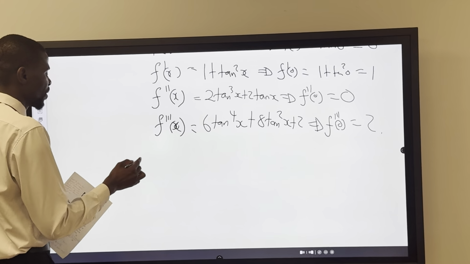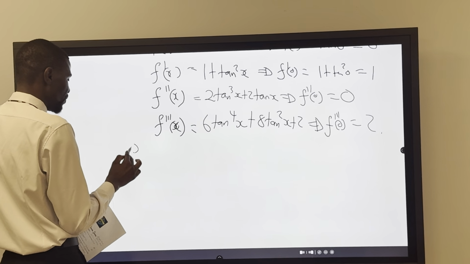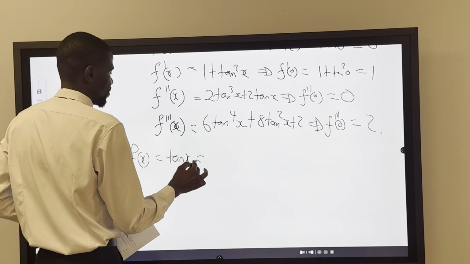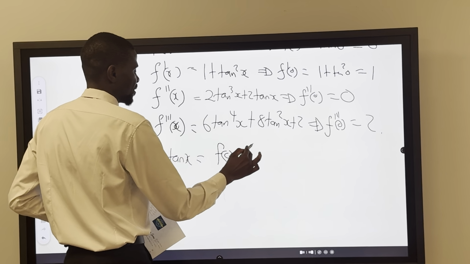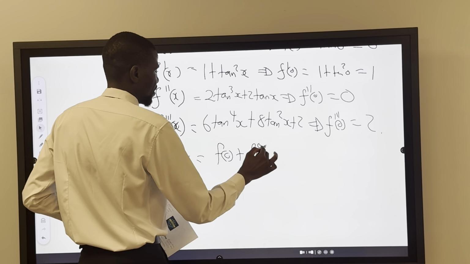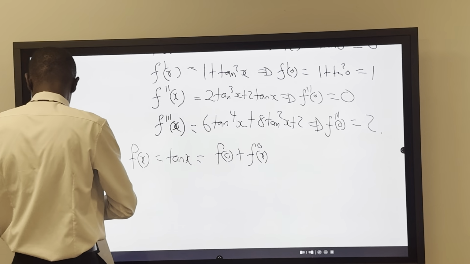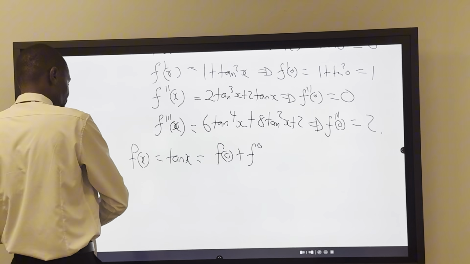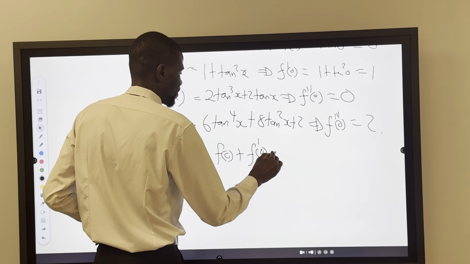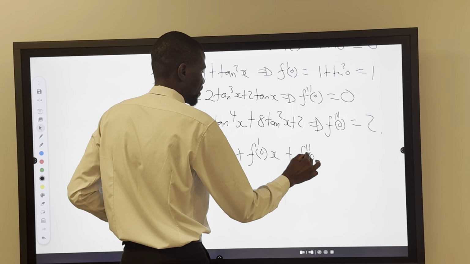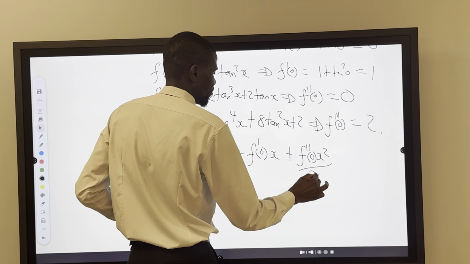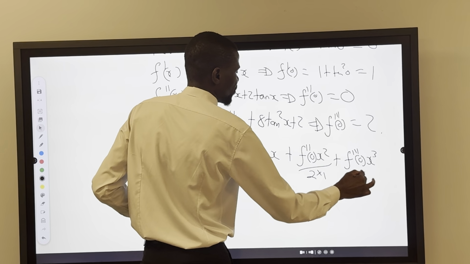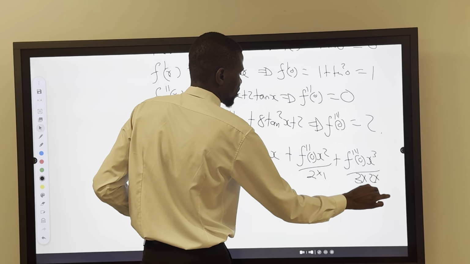Now we know the formula, right? The formula: f of x is equal to tan x, which is equal to f of 0 plus f prime at 0 times x plus f double prime at 0 x squared over 2 factorial plus f triple prime at 0 x cubed over 3 factorial.